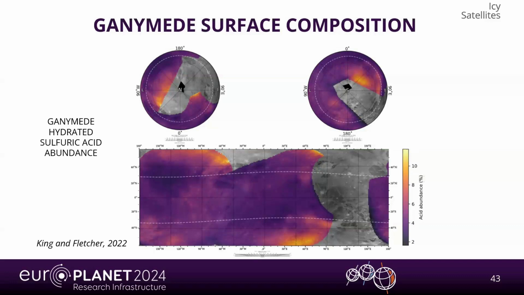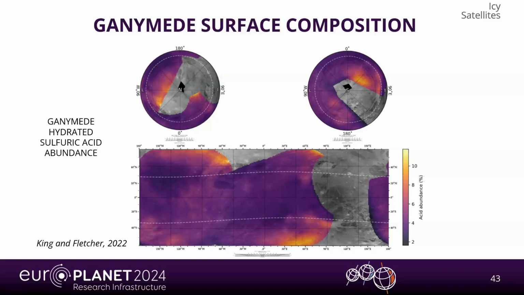So this is an example of the estimate of global abundance of hydrated acid that differs according to the location and shows higher abundance at high latitudes.